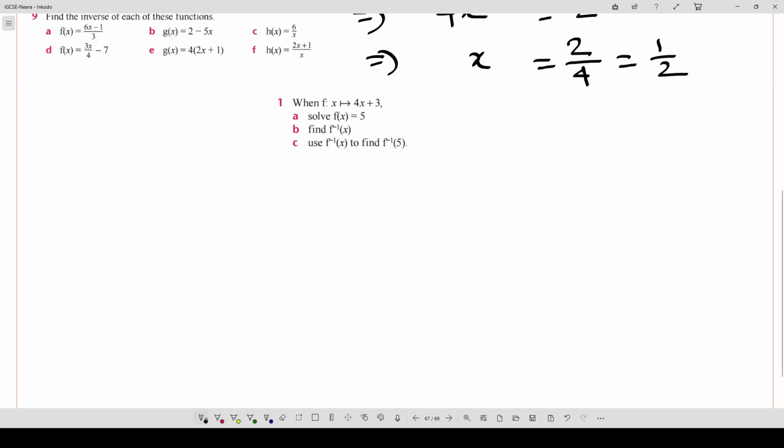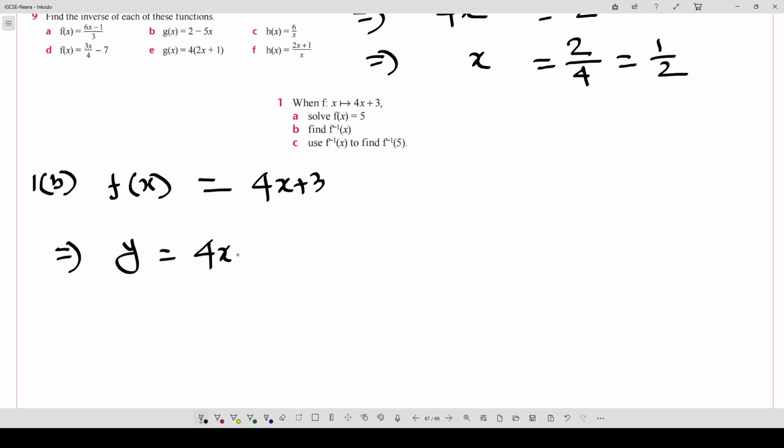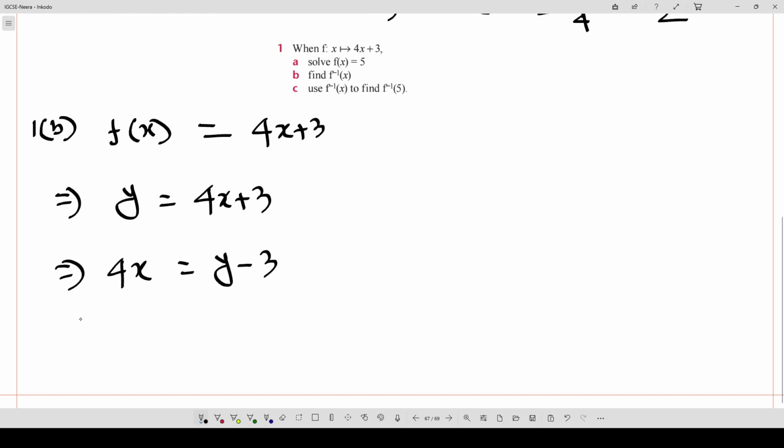Part B. Here we have to find the inverse function of x, where f of x equals 4x plus 3. We can write y equals 4x plus 3. Then we can write 4x equals y minus 3 if we exchange.